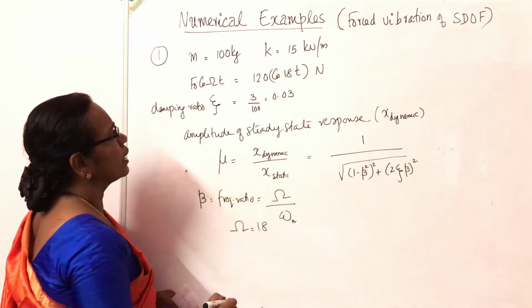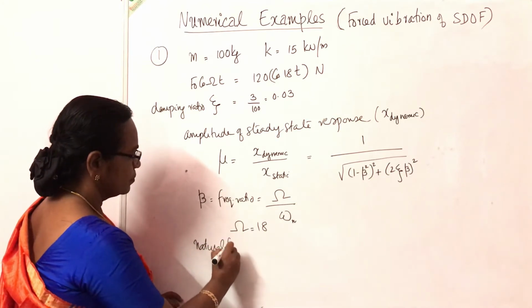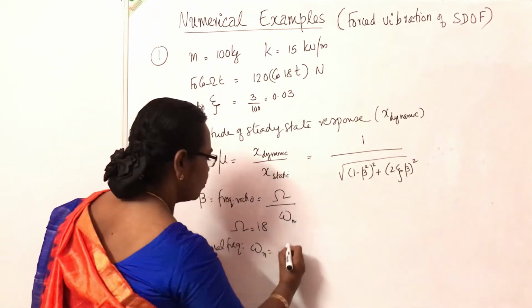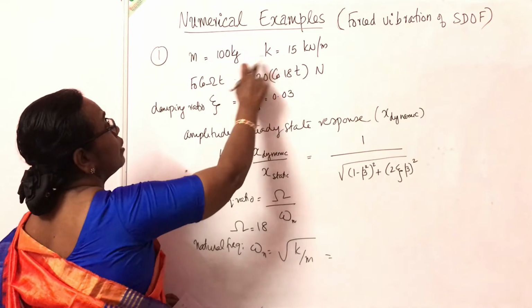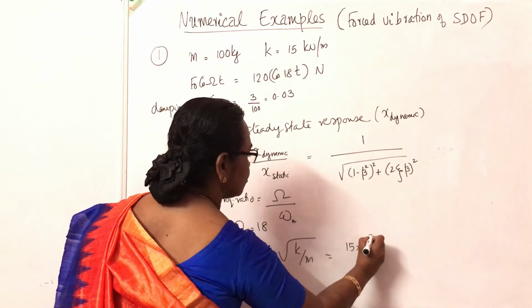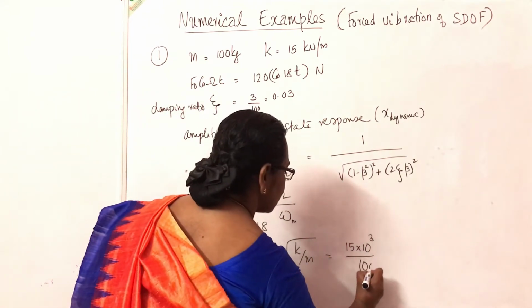What about omega n? The natural frequency, omega n, is equal to root of k by m. The k of the system is given as 15 kN per meter, so 15 into 10 raised to 3 Newton per meter, divided by mass of the system, which is 100.